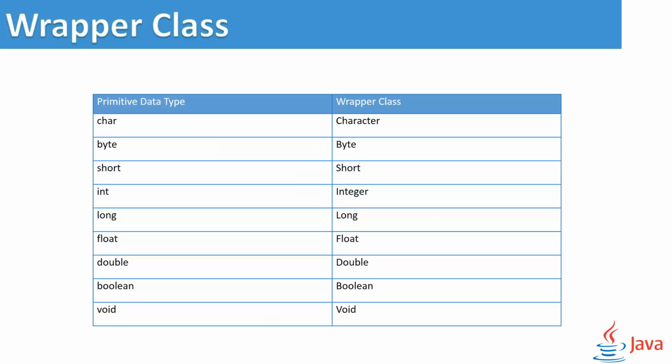Here we have wrapper classes of the primitive data types. On the left side is the primitive data type, like char, for which we have Character. For the byte primitive, we have the Byte class. For the int primitive we have the Integer class, and so on, you can see over here.